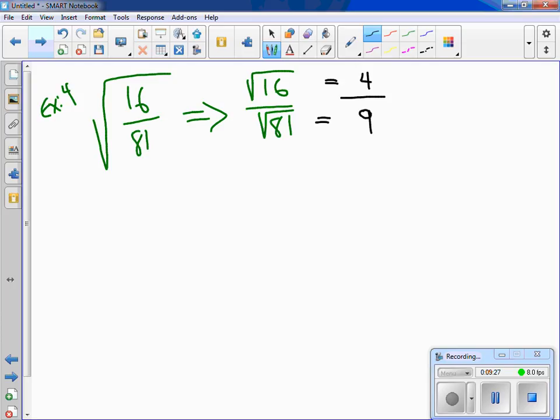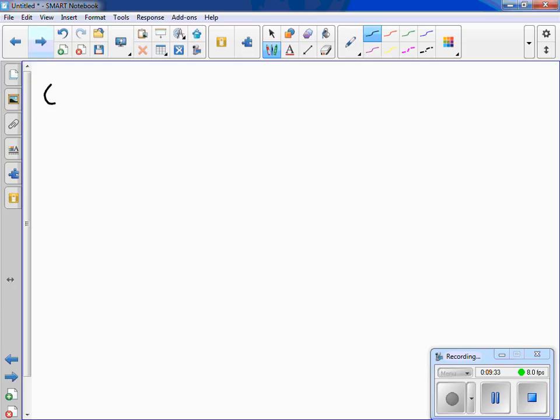One last example. Square root of 24. So we have something out there in front of us automatically.